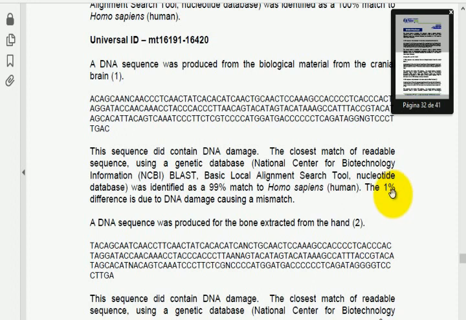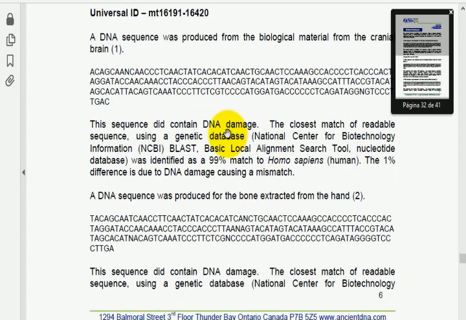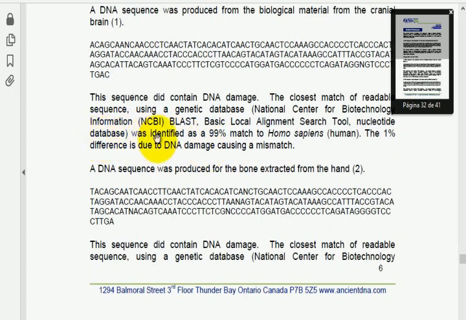The 1% is not related to any alien. This is a final report from a very good university, and this is the best of the best mitochondrial genetic report.